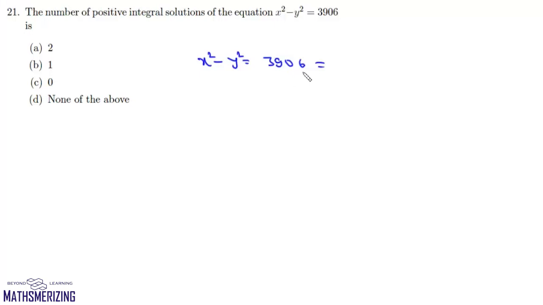Now we can express 3906 as prime powers: 2 into 3 square into 7 into 31.